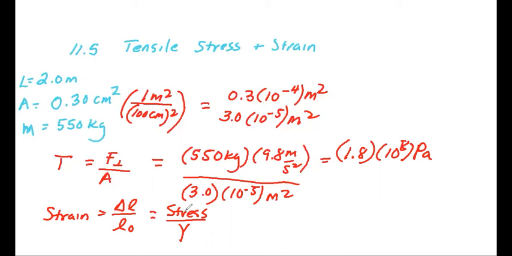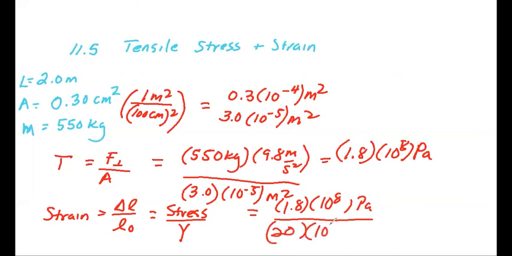Okay. This is going to be 1.8 times 10 to the 8 pascals over 20 times 10 to the 10th pascals equals 9.0 times 10 to the negative 4th. All right, and now I guess we want the elongation.